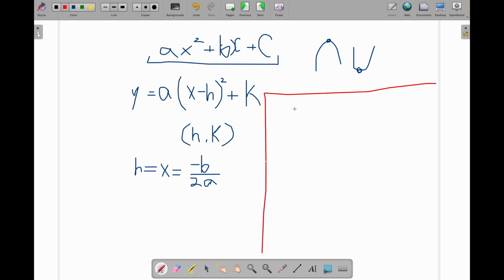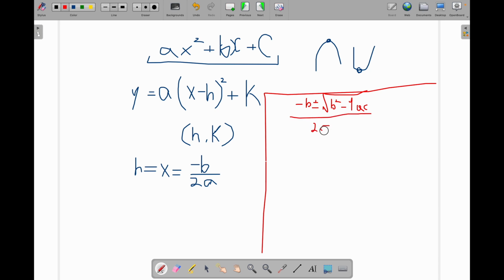The discriminant: when you put the quadratic equation in a certain form in order to factor it, sometimes you'll see it as negative b plus or minus the square root of b squared minus 4ac, divided by 2a.